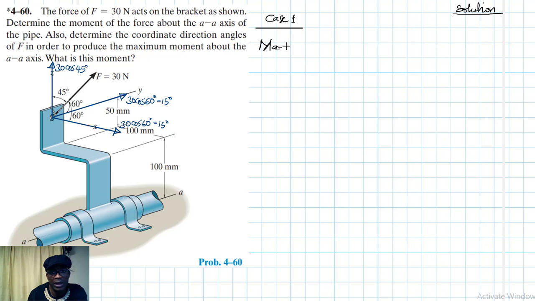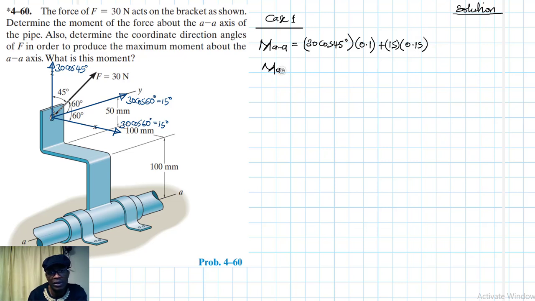So MAA, which is moment about the AA axis, will be equal to 30 cos 45 times the lever arm, which is 100 millimeters, converting to meters, 0.1, plus 15 times the lever arm, which is 0.15.